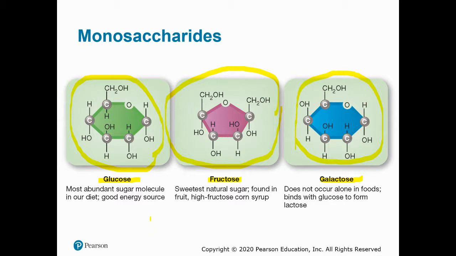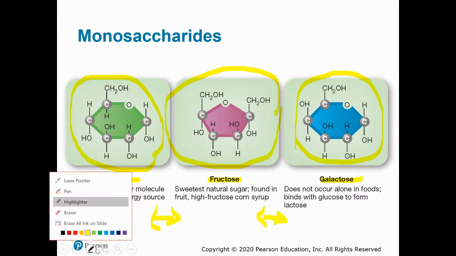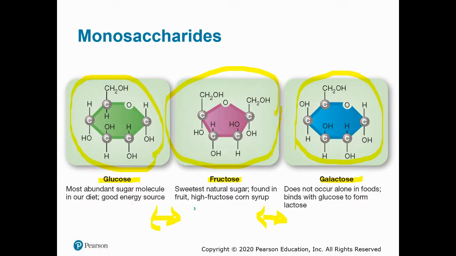If you do like chemistry, or if you remember from chemistry, these molecules are technically isomers with one another, which means they have the same chemical formula, which you might recall from last chapter is C6H12O6, right? So each one of these has 6 carbons, 12 hydrogens, 6 oxygens. They just have them in slightly different arrangements.